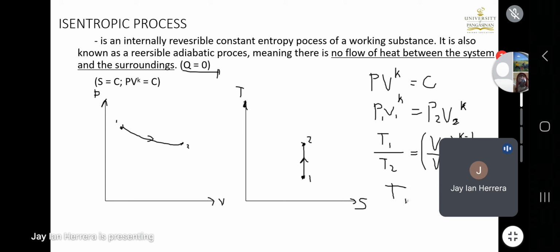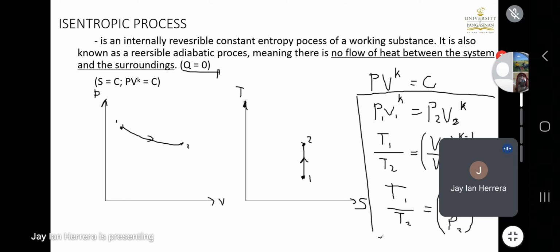So we have T1 over T2 is equivalent to P1 over P2 raised to K minus 1 over K. Yan. So, sa ulo niyo to, the relationships.